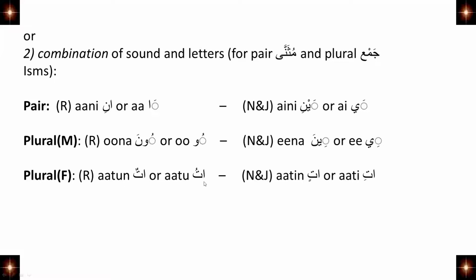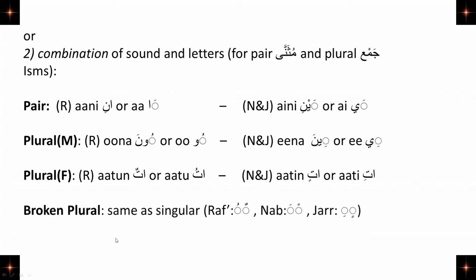So we say atun, atu, or atin, ati, in case of plural feminine words. Now note, this is Rafa feminine, this is Rafa masculine. So this one is an example of Muslimuna, and then Muslimatu and Muslimatun. We'll come and see an example of that, inshallah.